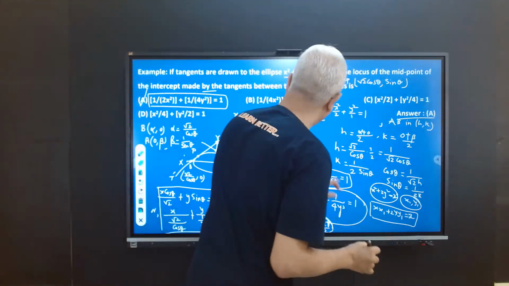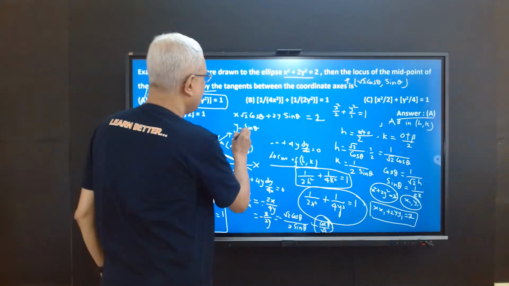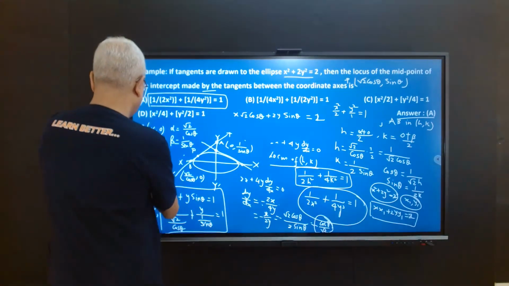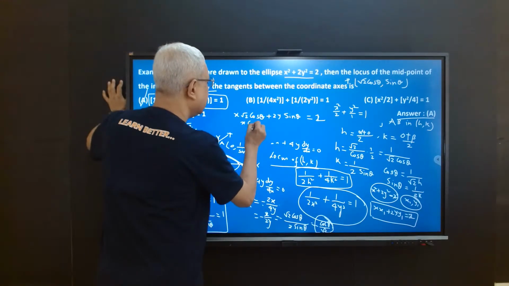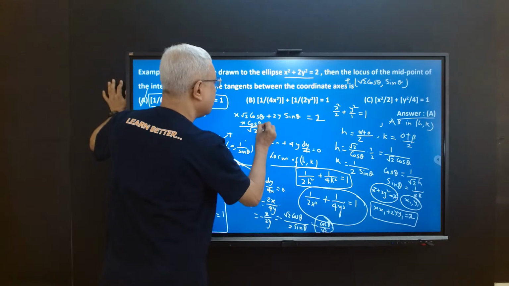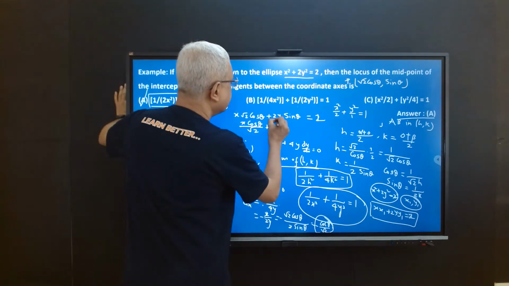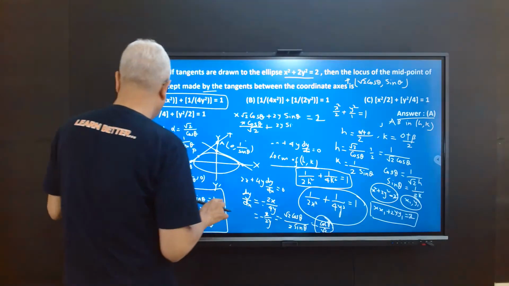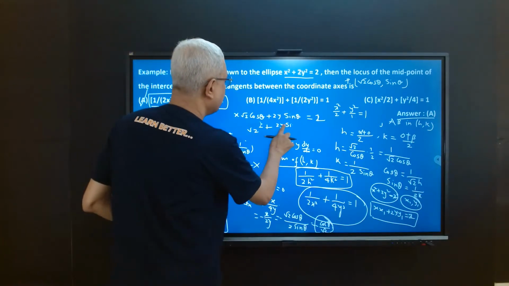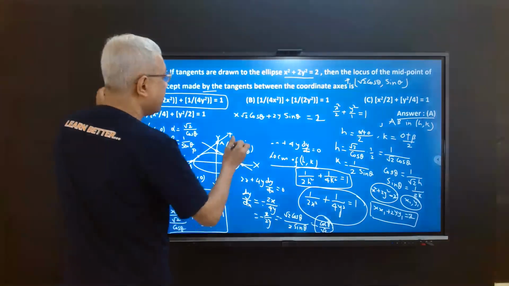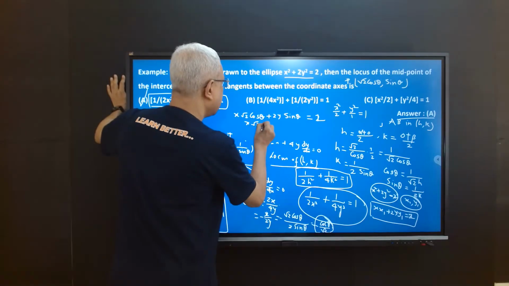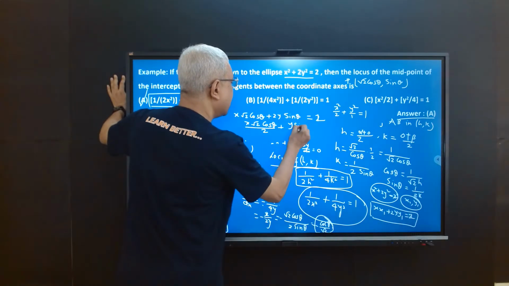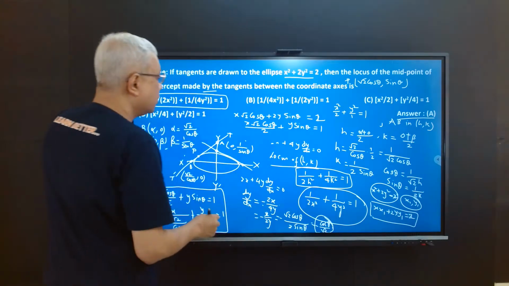x root 2 cos theta plus 2y sin theta equal to 2. So I can write the equation of the tangent as x cos theta divided by root 2 plus 2y sin theta, or if I divide by 2 simply, x root 2 cos theta by 2 plus y sin theta equal to 1.